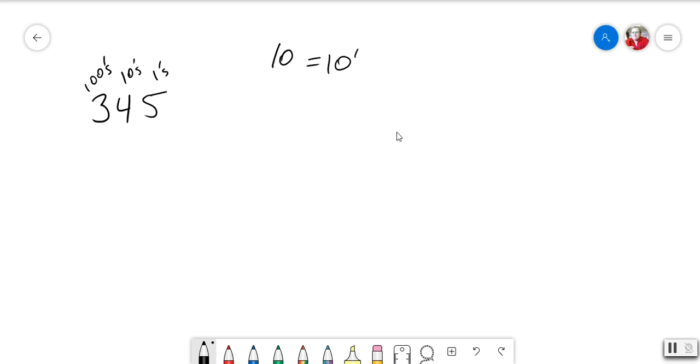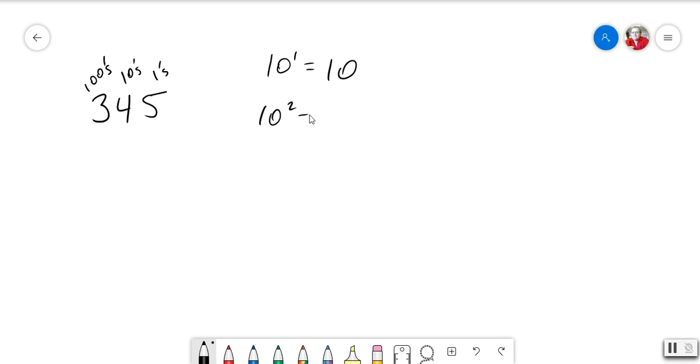As we talked about in exponents earlier, any number to the first power is just itself. 10 to the first equals 10 by definition.